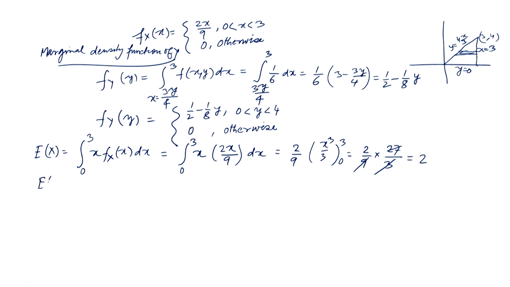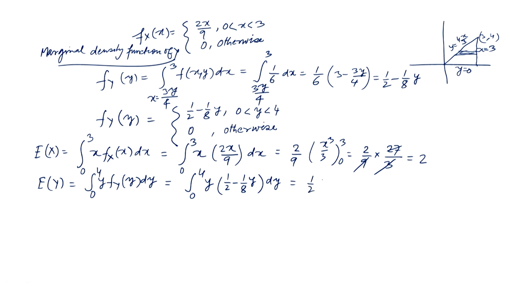Now, expected value of y. So, integral over y times f_Y(y) dy, y varies from 0 to 4, and what we get is the integral from 0 to 4 of y times f_Y(y), which is 1 by 2 minus 1 by 8 y, dy. So, this is equal to 1 by 2 y square by 2 minus 1 by 8 y cube by 3.